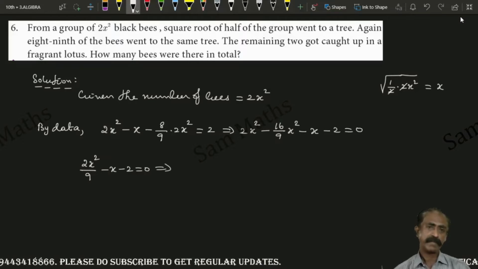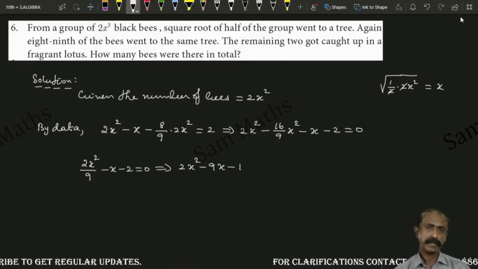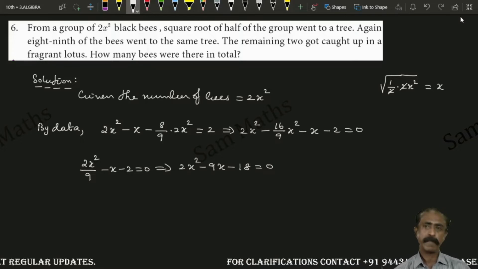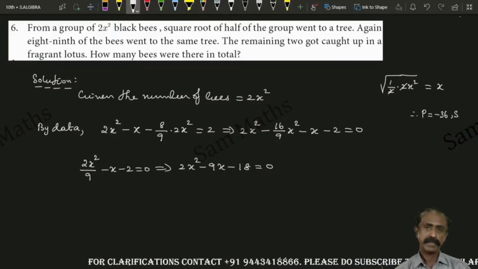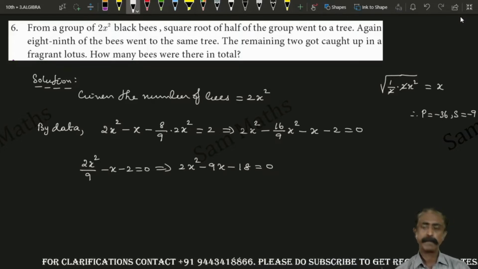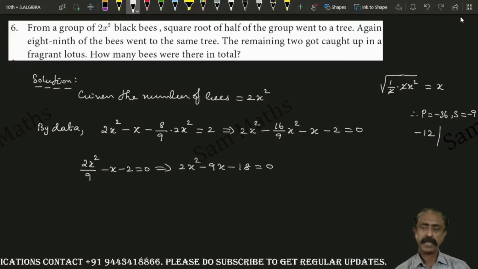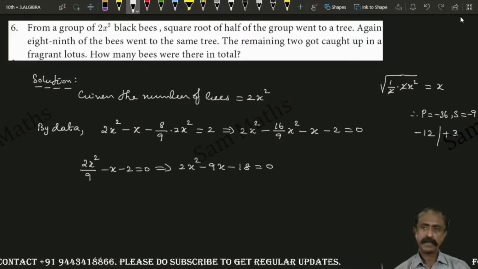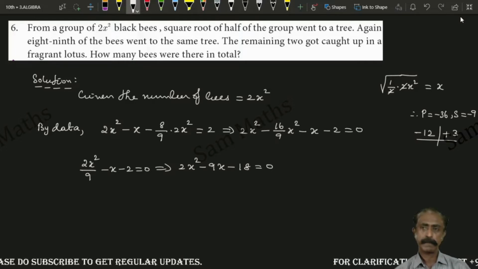You multiply with 9, it becomes 2x square minus 9x minus 18 equal to 0. Therefore, the product is minus 36 and sum is minus 9. The possible numbers are minus 12 and plus 3. Multiply these two, we will get minus 36. Add, we are getting minus 9.